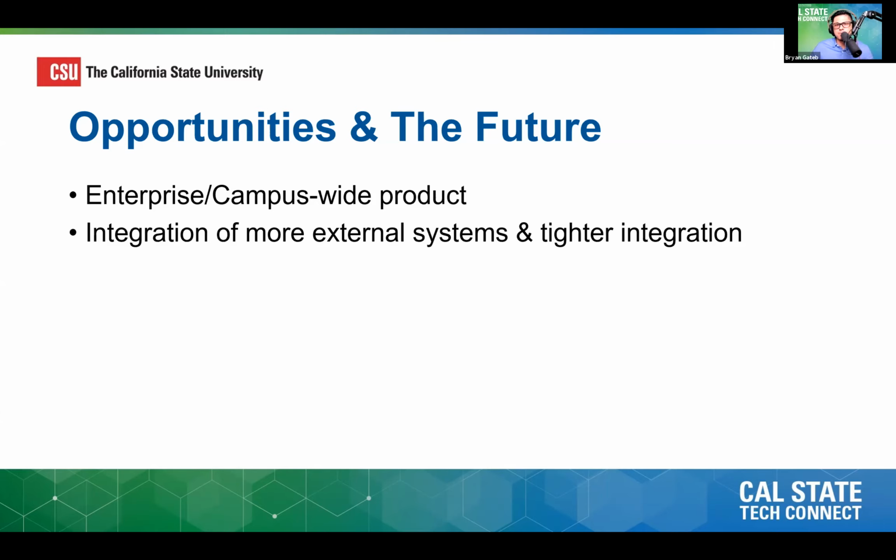Additionally, we can use this to communicate with students who have not yet completed their application and give them that extra push. Now, this is something we can already do within Cal State Apply, but this is part of the larger picture of having all of a student's communications in a singular system. With regard to PeopleSoft integration, we can also integrate checklists so they can have more customized and specific application communications.